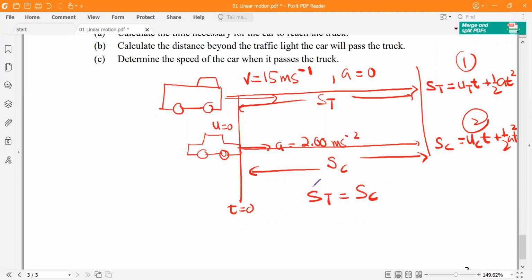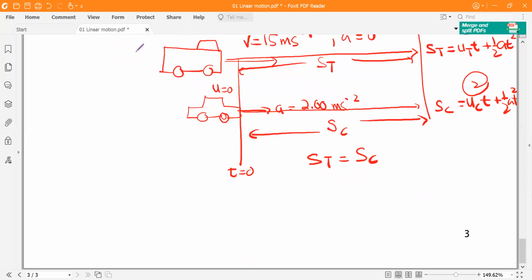Then from that you will be able to solve to find the time. After that, I think parts B and C you should be able to solve. Okay, so that's it for now, I will end the session.